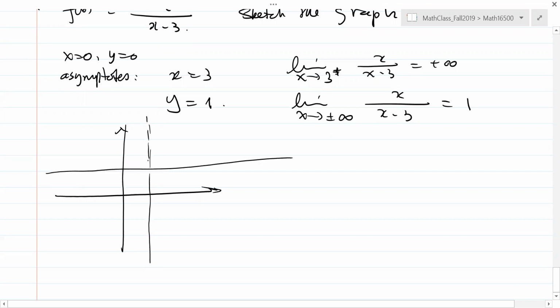So the graph is controlled by these two lines. And the graph passes through the origin, so we put a point here.